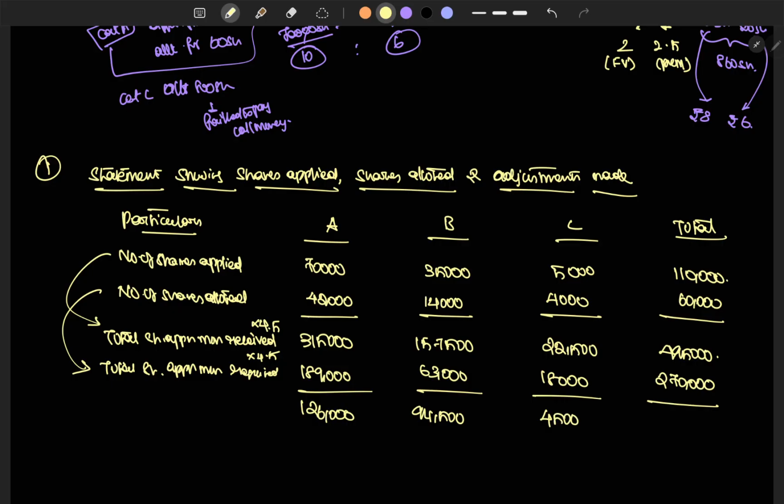And 4,95,000 minus 2,70,000 gives us 2,25,000. Okay, this is the excess money after application.